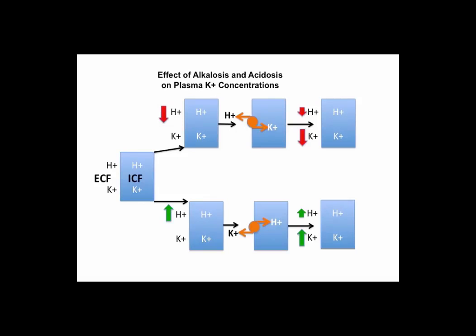Now I'd like to describe how the influence of pH in the bloodstream will alter potassium concentrations. We're going to start right here on the left, looking at the potassium and hydrogen ions in the extracellular and intracellular fluid compartments.